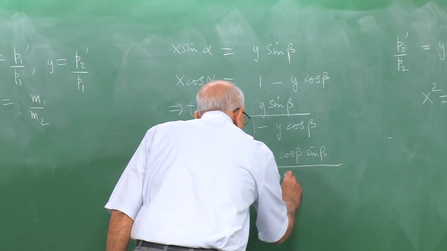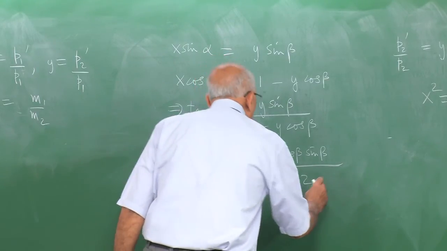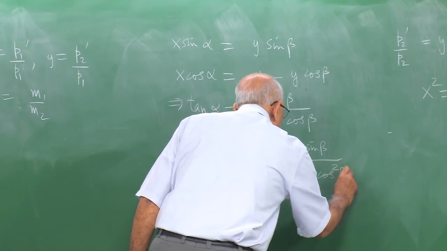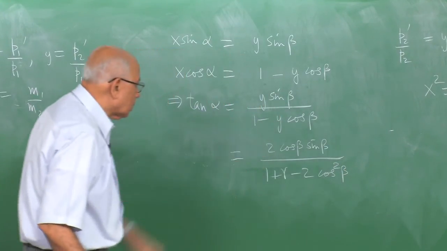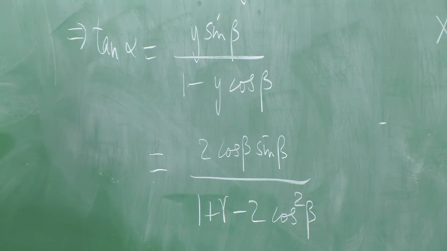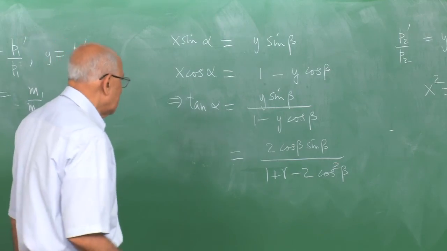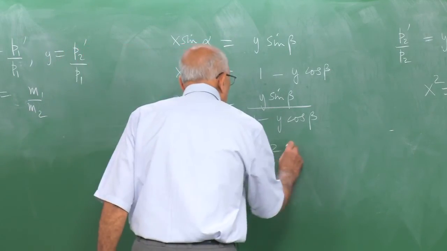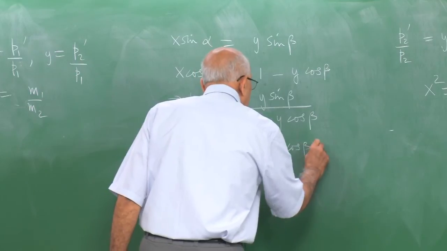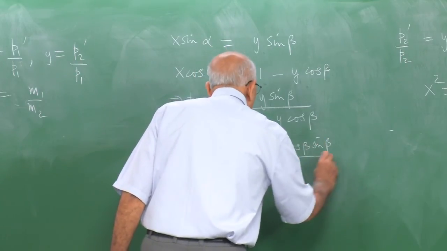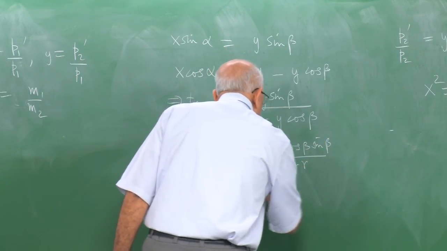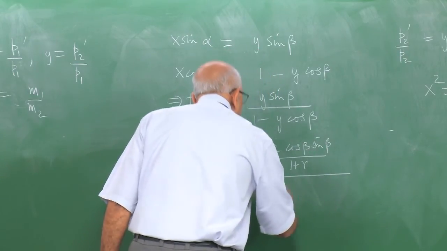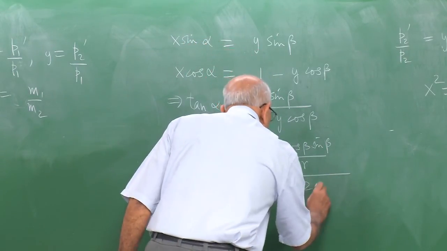squared over 1 plus r, so 1 plus r minus 2 cos squared beta. But 1 minus 2 cos squared beta, that is, 2 cos squared beta minus 1, is cos 2 beta.